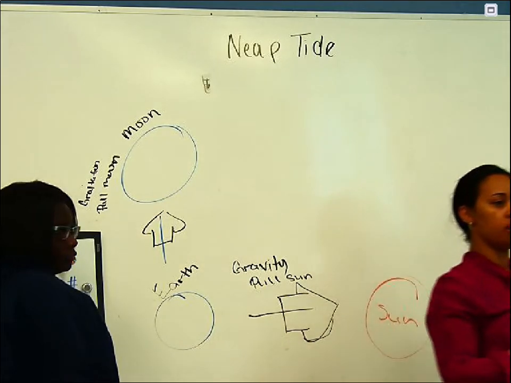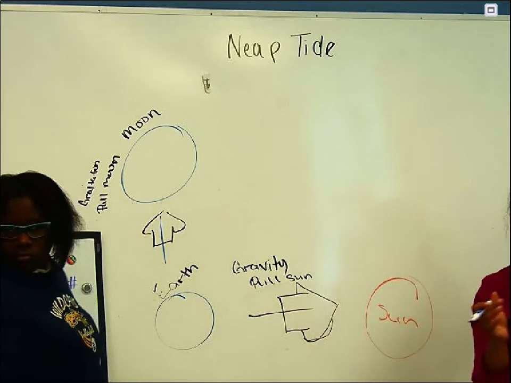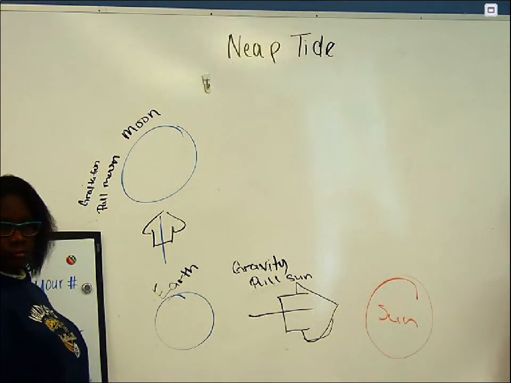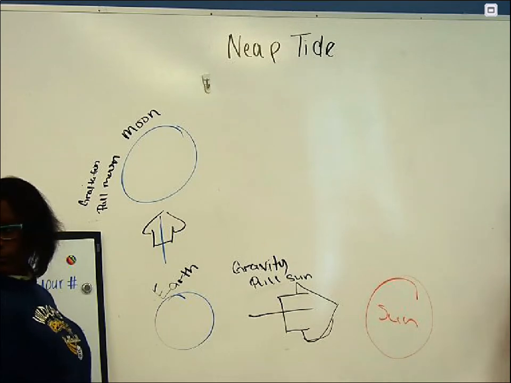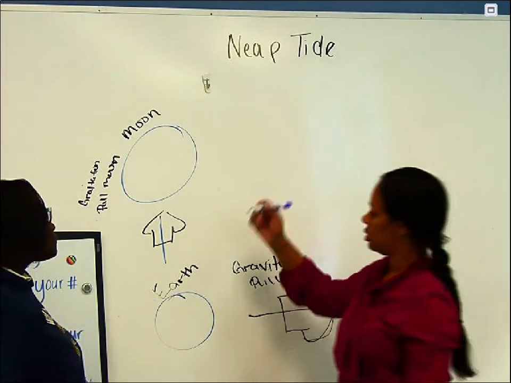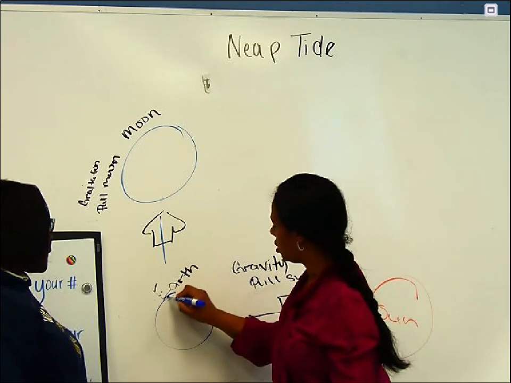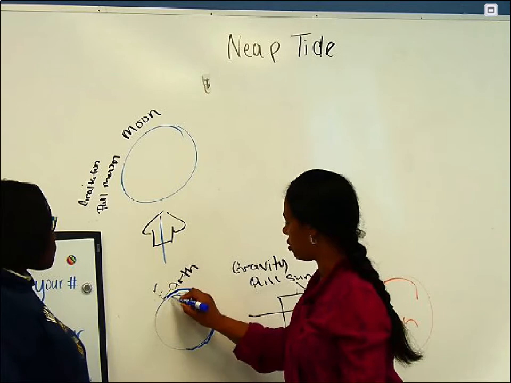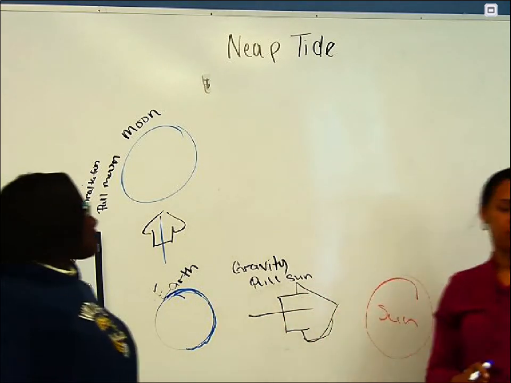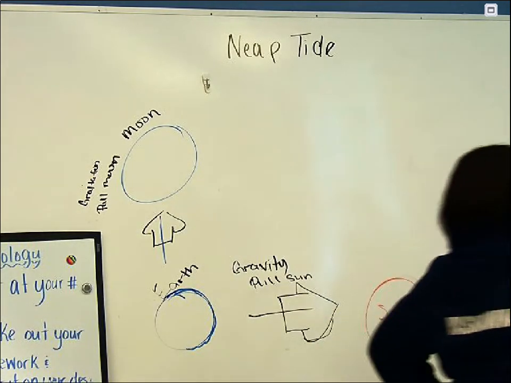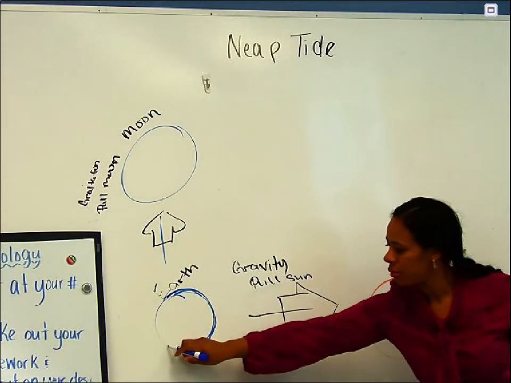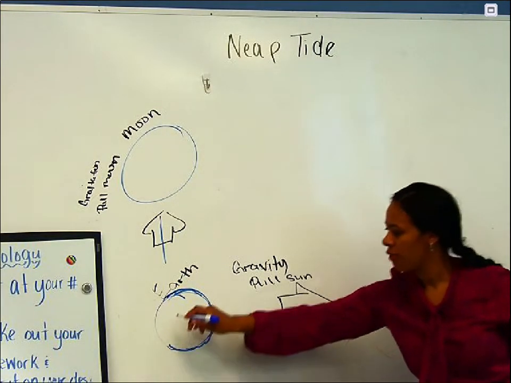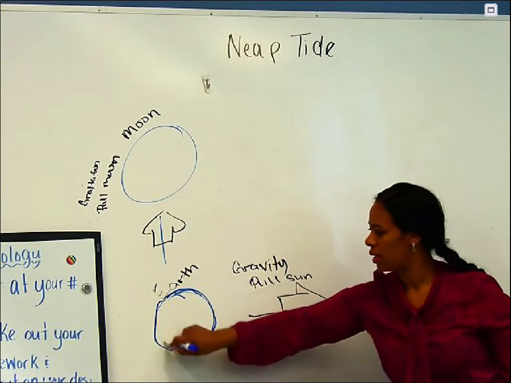Keelan? They cancel each other out. Therefore, our water bulging would look like how? Low tide. It would be low tides. So our water bulging is still pulled out some, but it's a very, very low tide. Everywhere is going to have the low tide.